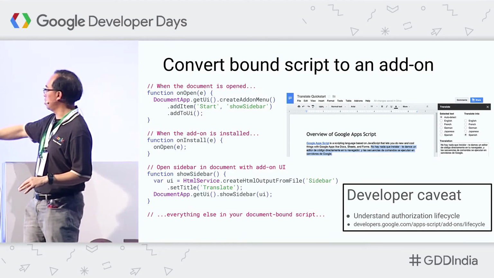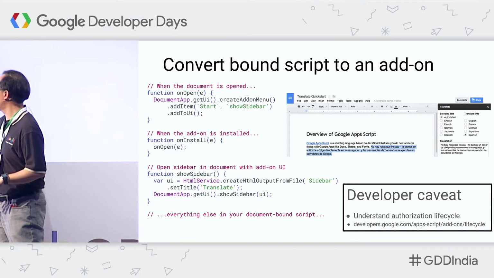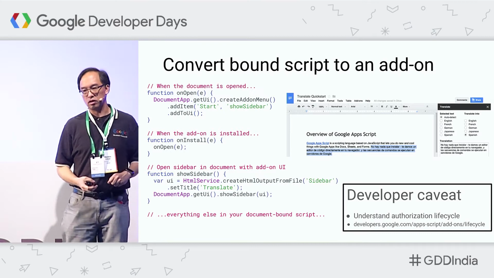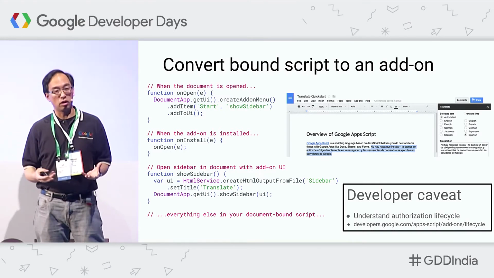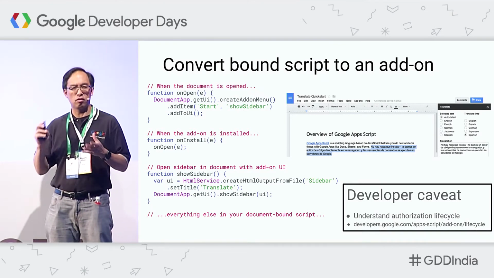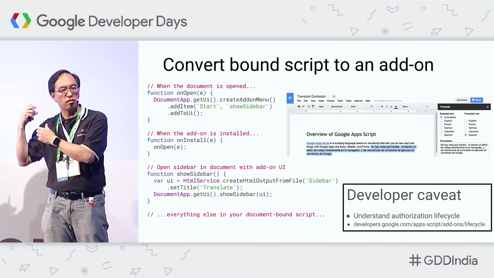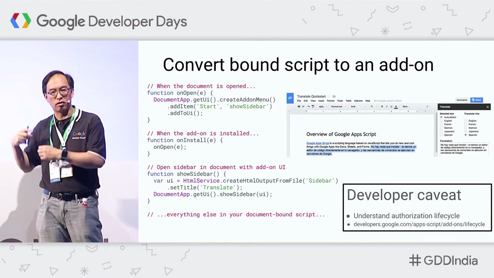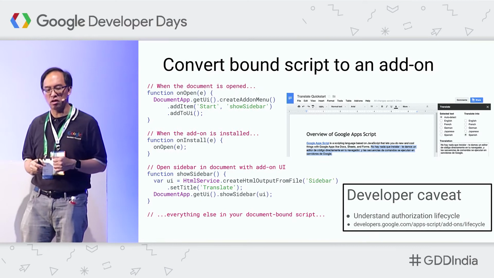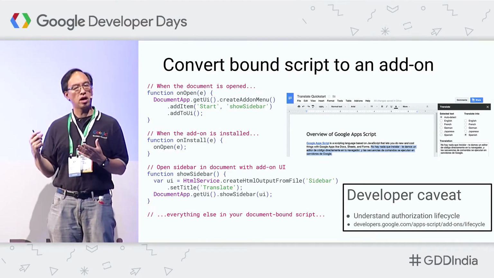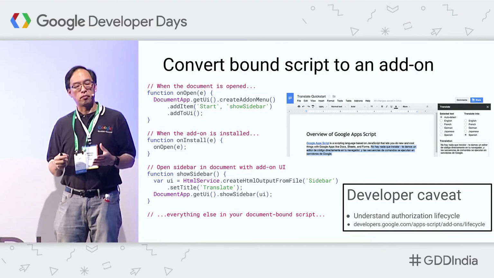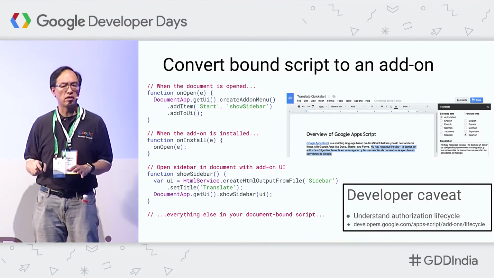And then the other thing that you need to be careful about is you need to really understand the authorization lifecycle. The reason for this is because companies may be installing your code. It would make people nervous if all of a sudden when they open their document, there's this weird add-on that was added to their document. So there's a slightly more complex authorization lifecycle that you need to understand, because when that add-on first runs, it doesn't have full permission to do everything.